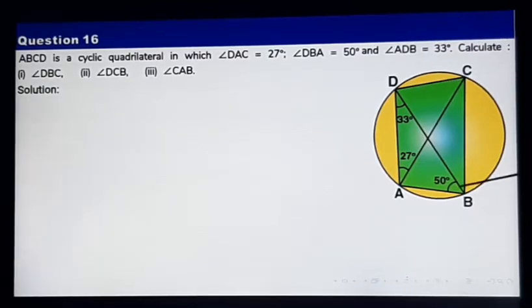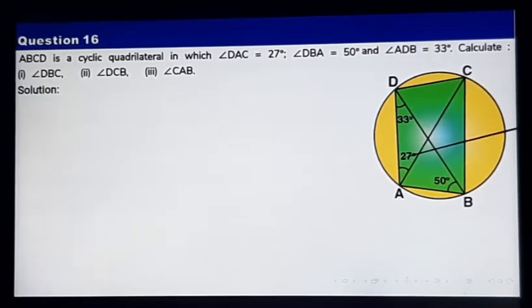So DBC means we have to calculate this angle. All right, now in order to calculate this, we can see that there are many segments being formed, right? And one of the segments is this one. So DC is forming one of the segments and DC is making two angles. One is this one, that is DAC, and another is DBC, and we know that angles in the same segment will always be equal.